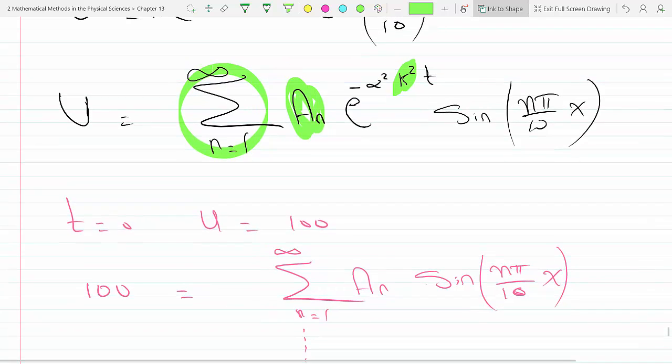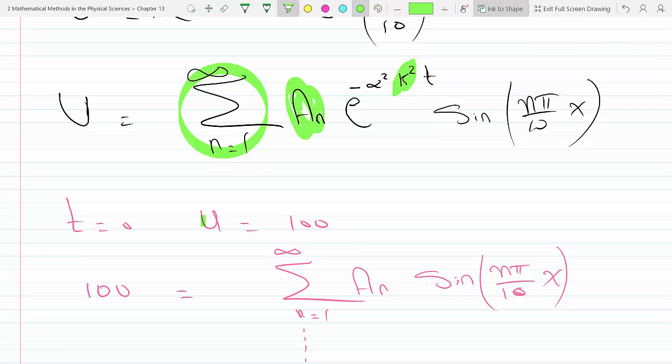Okay, and for that I go back and I plug in one of the conditions, knowing that initially the bar was at 100 temperature, so it's 100 at t equals 0, and I use this to figure out what my an is. So I plug in this here, so 100 equals summation an.